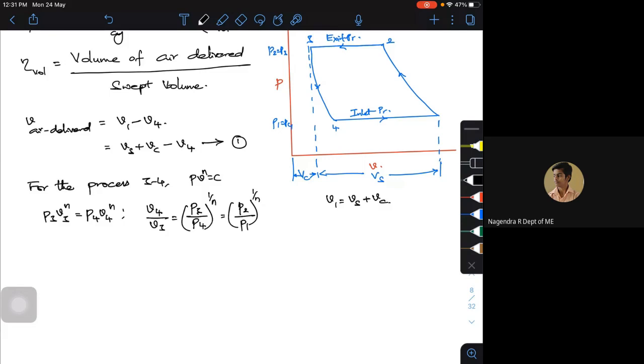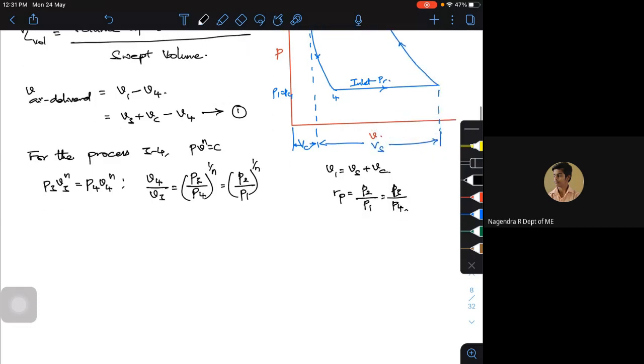What is P2 by P1 actually? It's the pressure ratio, already we have defined. Rp is equal to the pressure ratio, which is P2 by P1. It is also equal to P3 by P4. Now what will happen to your V4?